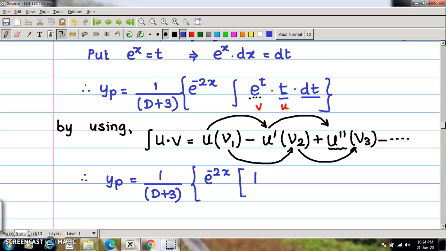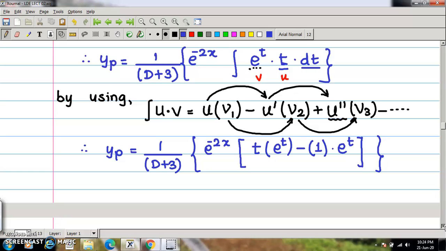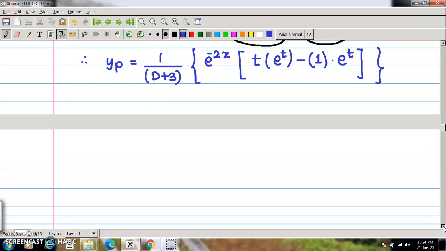Now, first term as it is into integration of e raised to t, minus derivative of t into integration of e raised to t. Then the derivative of 1 will be 0, so we can terminate the formula here. So this is your integration by parts formula.